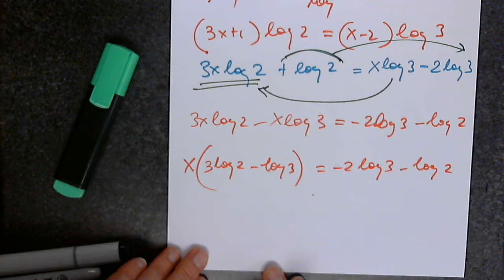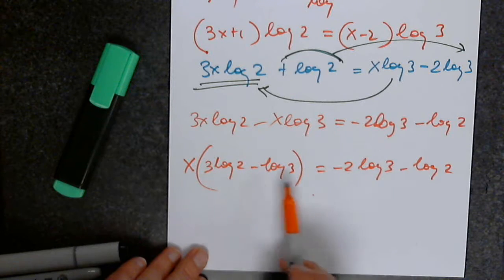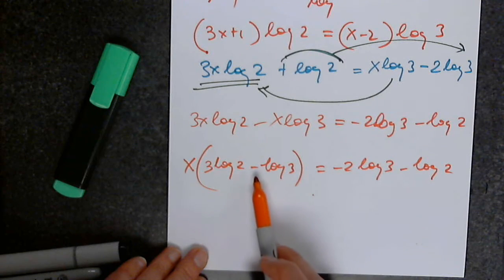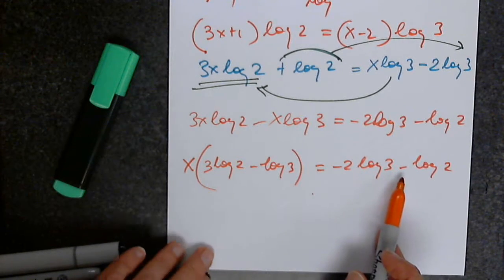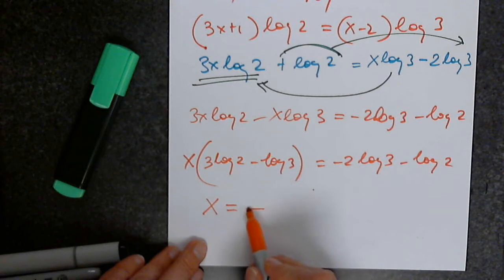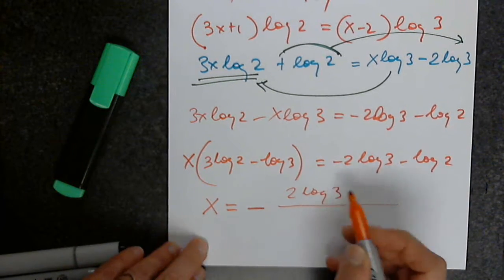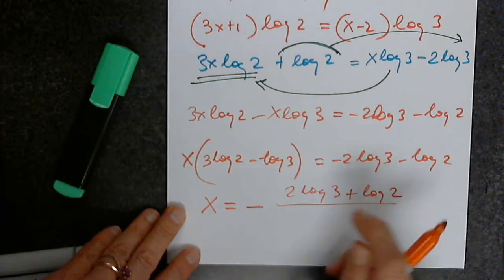Could you pull the negative out? Yes, you can put the minus in front. Then the top will be 2 log 3 plus log 2 over this.